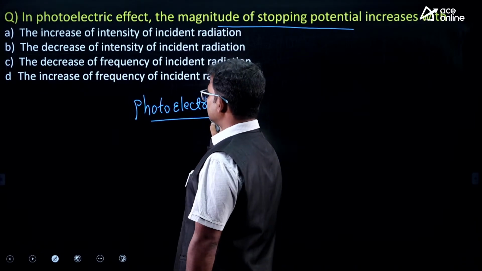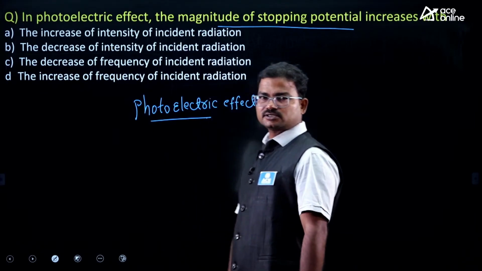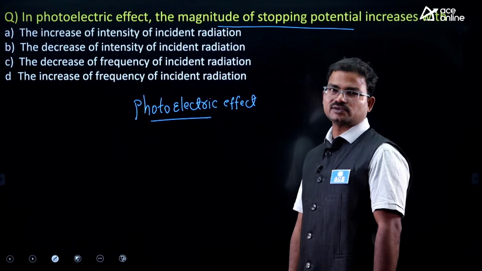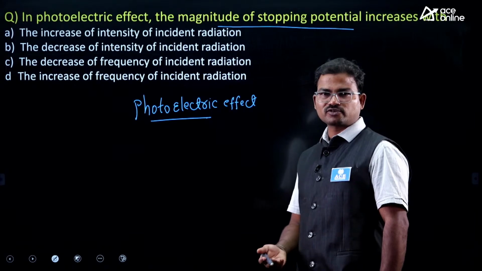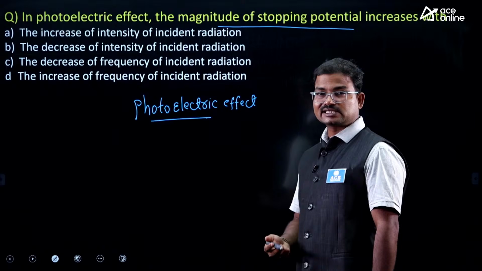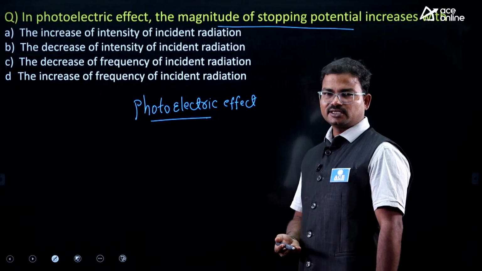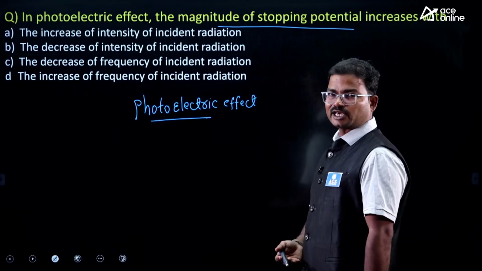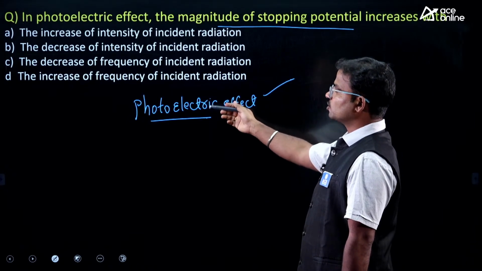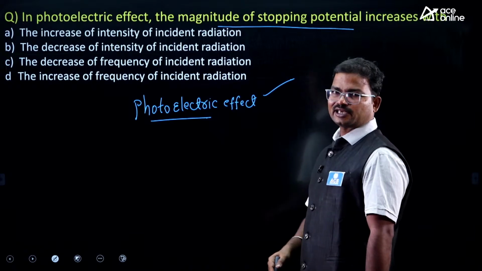This concept was introduced by Einstein, and of course he was awarded the Nobel Prize. Einstein proposed a number of concepts; one is the photoelectric effect, and the second is the relativity theory, nothing but E is equal to mc square. Einstein got the Nobel Prize for introducing the photoelectric effect.